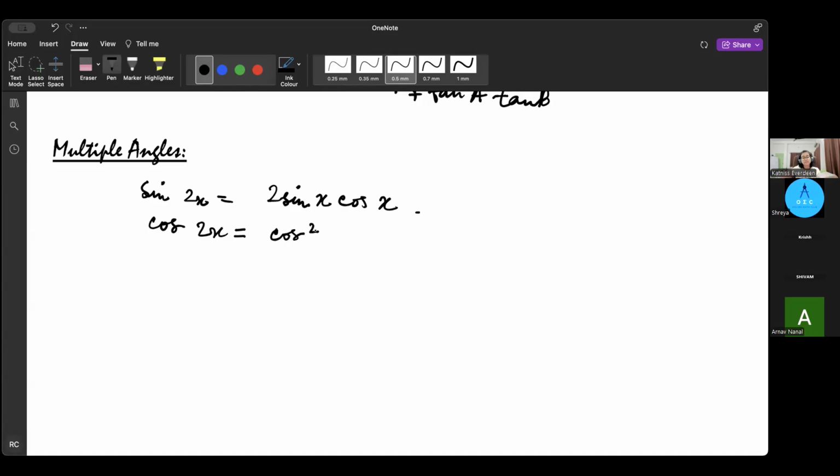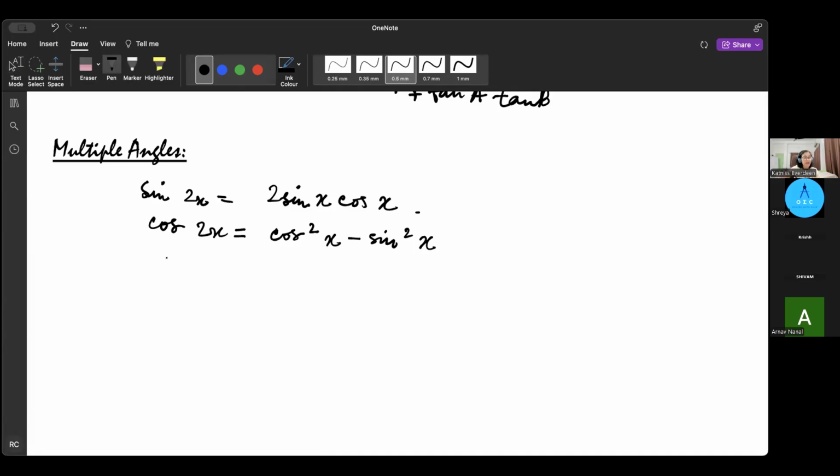So sin 2 theta and cos 2 theta are always going to come up all the time, so it's easy to remember them rather than to write them out. Cos 2 theta is cos square x minus sin square x. And notice that you can write this as 2 cos square x minus 1 and also 1 minus 2 sin square x. That is also an advantage when you want something like cos 2 theta minus 1 or 1 minus cos 2 theta, so you get a perfect square.